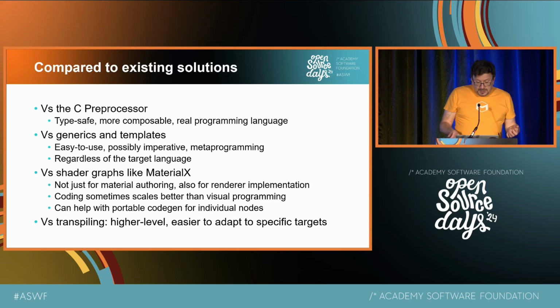And then compared to shader graphs like Material X, of course, those are hugely useful, and Metashade is not trying to compete with those, but it can fill in the gaps. So for example, first of all, Material X and friends, they're really targeted at material authoring, but there is also the other piece of the puzzle, which is renderer implementation in, say, GPU renderers like Redshift.